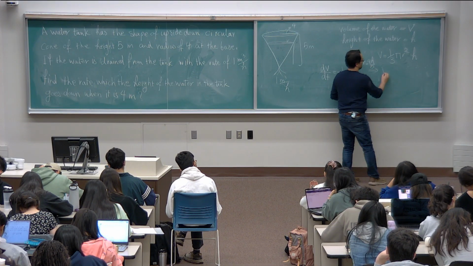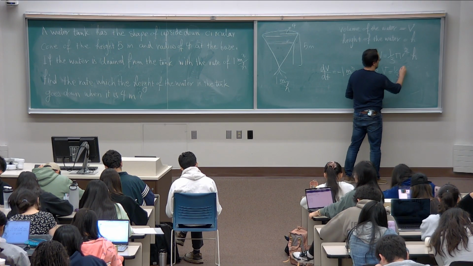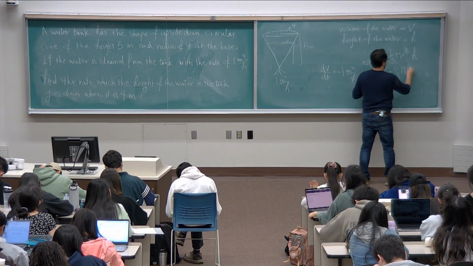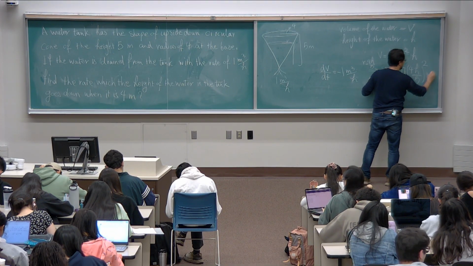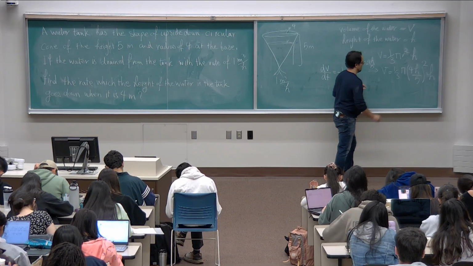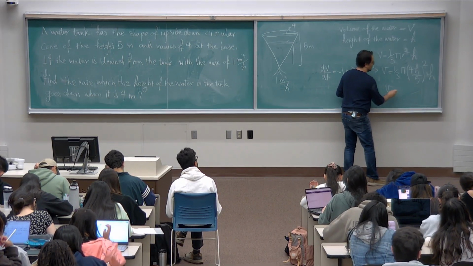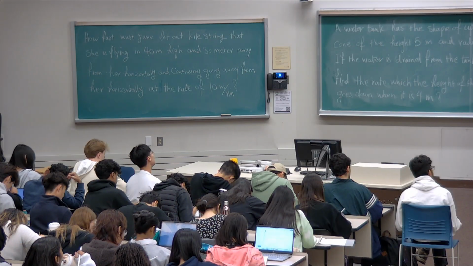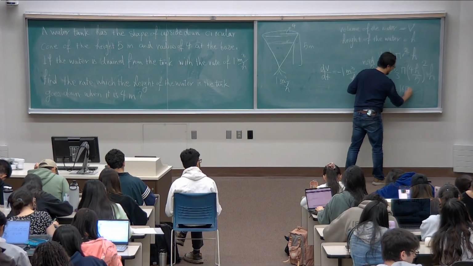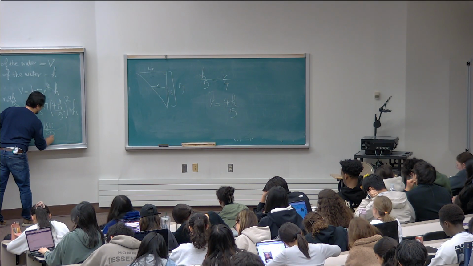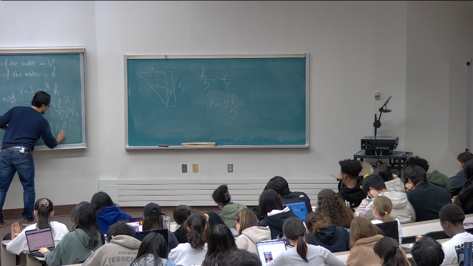In other words, V is going to be 1/3 of pi times (4H over 5) squared times H. Or, equivalently, I can say this is 16 pi over 75 H cubed.